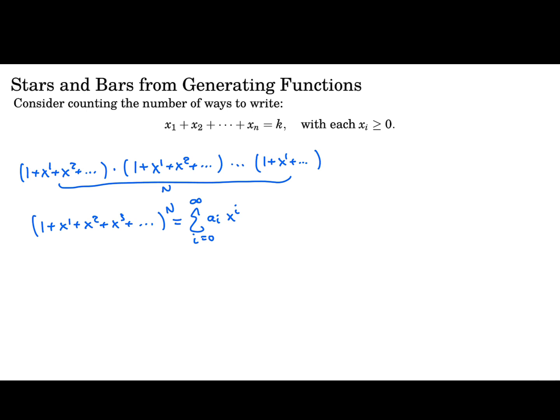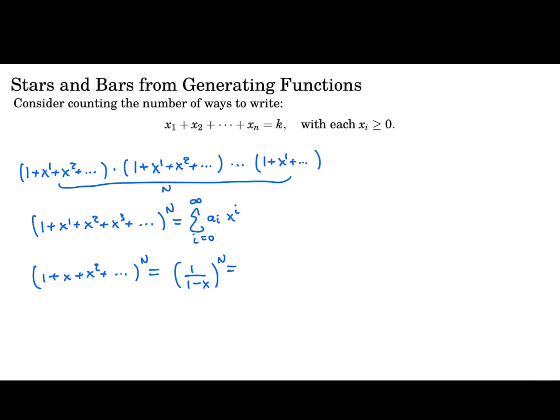Okay, so how can we solve this? Well, we have 1 plus x plus x squared and so on, to the power of n. We already saw that this sum is just 1 over 1 minus x, and so this to the power of n.